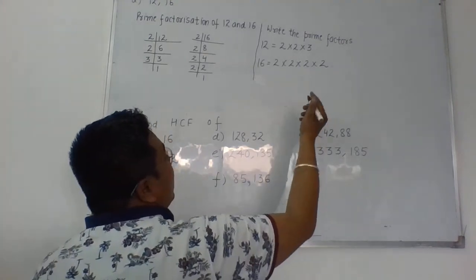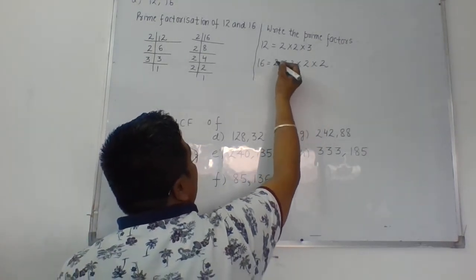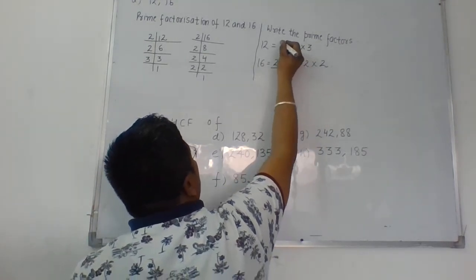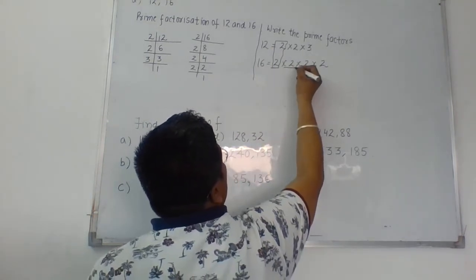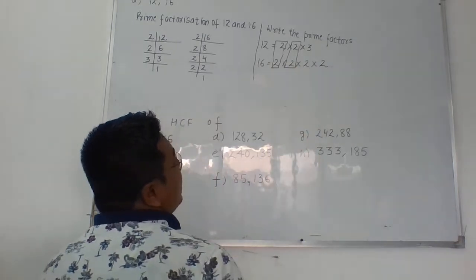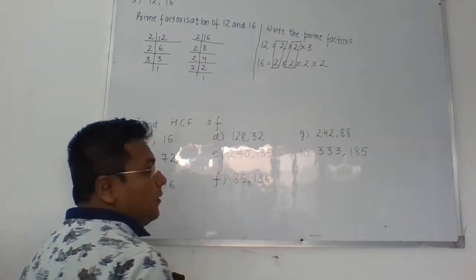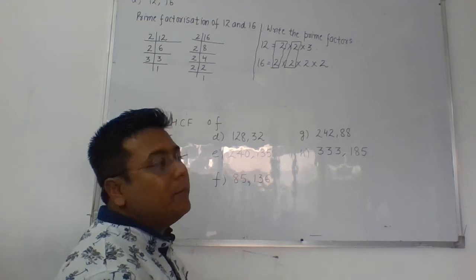Now we have to find the common factors. See, these two are common, so we encircle them, and then these two are also common, so we encircle them, and no other factor is common in them.